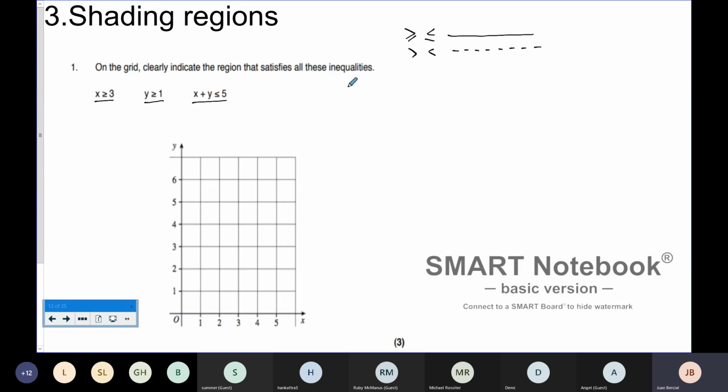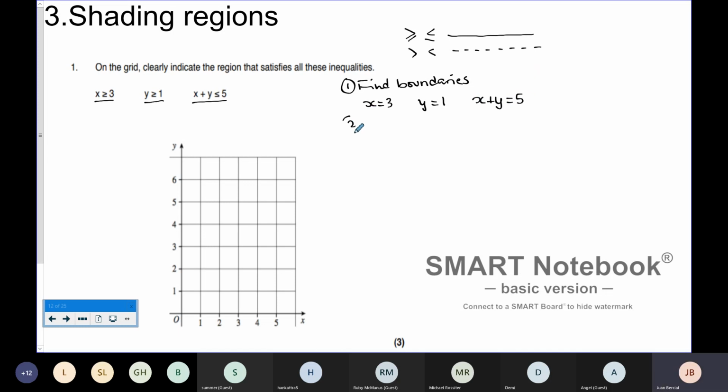So to define the region, first we find the boundaries. So obviously the boundaries of the regions are going to be x equal 3, y equal 1, and x plus y equal 5.